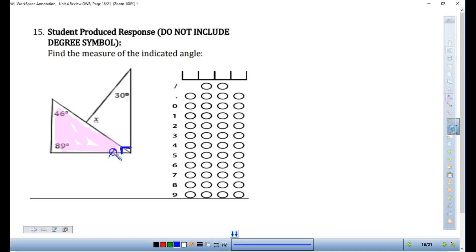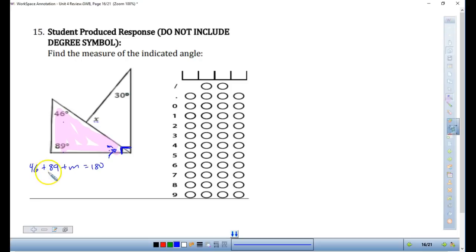So this one right here would be, if we call that, we don't want to confuse ourselves and call it x. We'll just call it m for missing angle. So we'd have 46. You don't have to call it anything. You could do it in your calculator if you want to, but I just want to show you what we're doing. These three, 46 plus 89 plus m, should add up to 180.